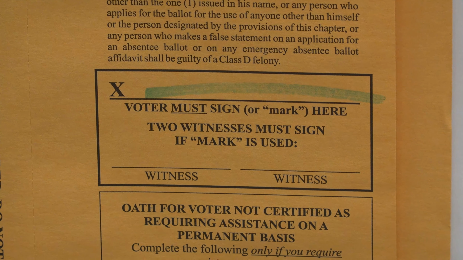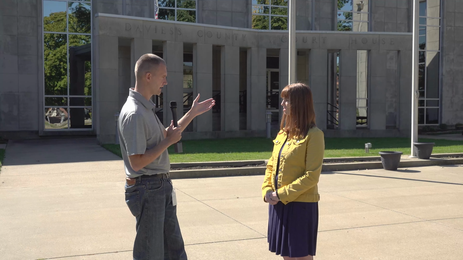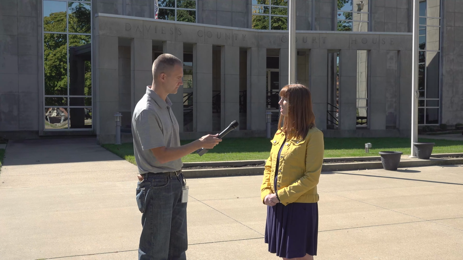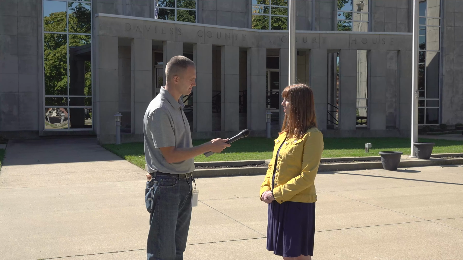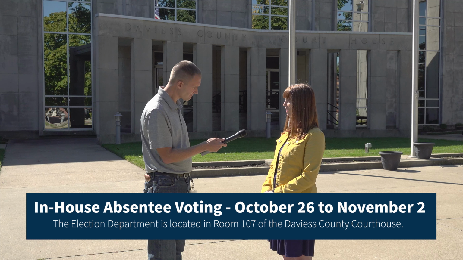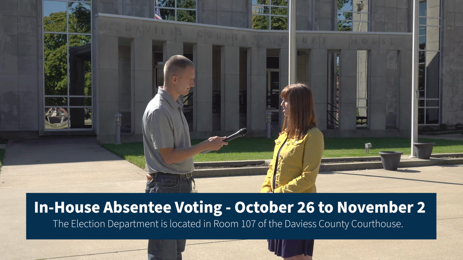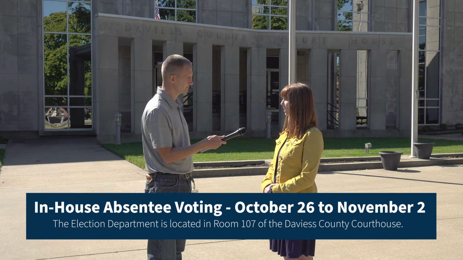After the process of absentee balloting concludes, we will have in-house absentee voting. Where will that take place? And kind of talk to us about what will follow. So in-house absentee voting will occur in the election office. So 6 days before early voting opens, you can come to the office and vote in-house if you are going to be out of town on election day.